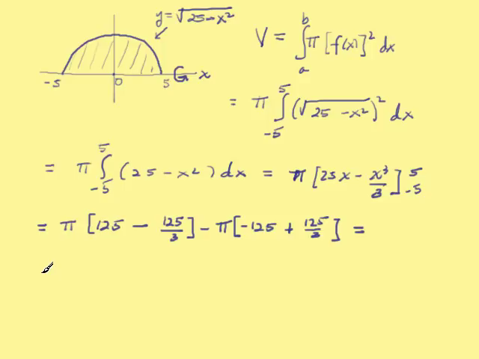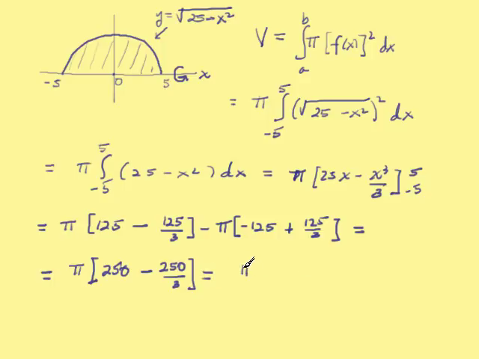This is equal to pi, and here we have 125 plus 125, so that's 250. And here we have minus 125 over 3, and then because of distributing this minus, another minus 125 over 3, so it's minus 250 over 3.